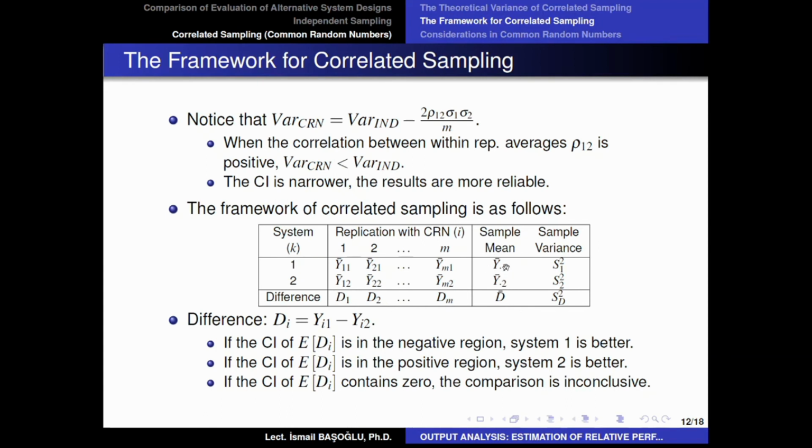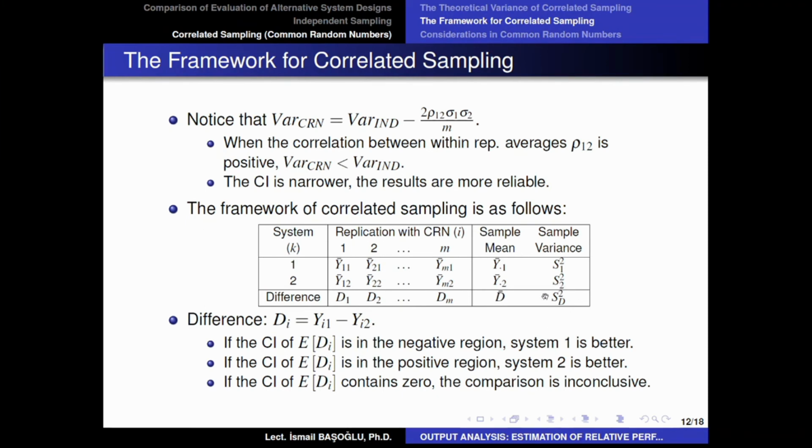You are going to get the same result. However, unfortunately, the sample variance of the differences here is not going to be equal to the sum of the sample variances here. Be careful. This is a very harmful, dangerous mistake that you should not do. Now, we can take the difference of the sample mean, and this is just going to be the same as the average of the differences.